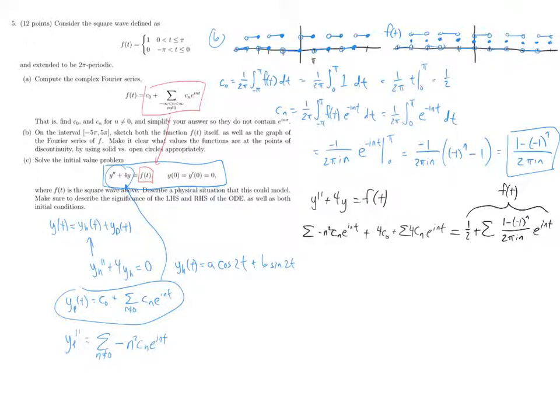So we collect terms, and on the left-hand side, we get the sum of, let's say, 4 c naught. Let's pull that out front.